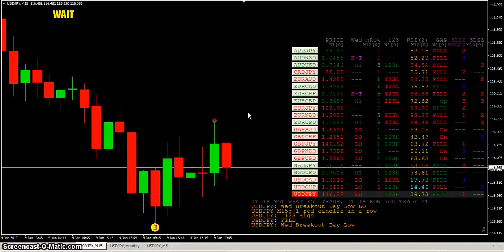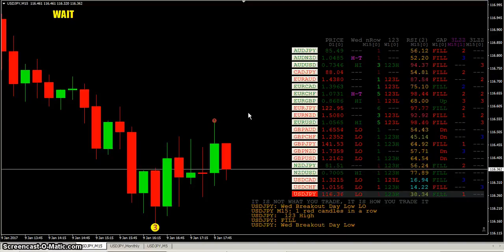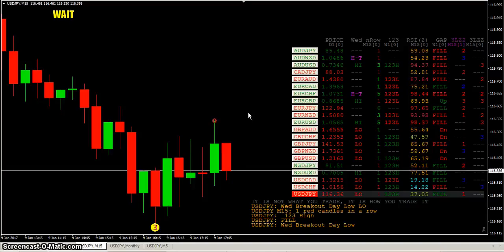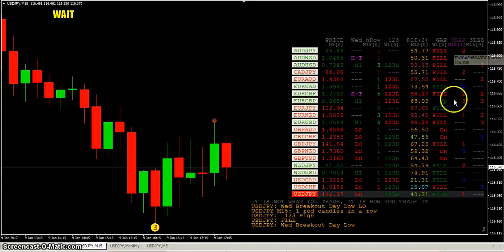So you see, if you understand the 3-level ZZ indicator and if you use it properly, if you apply it, it's very simple to profit using that indicator. Okay, and having it on the dashboard like this, it just makes it really easy to scan for trades.